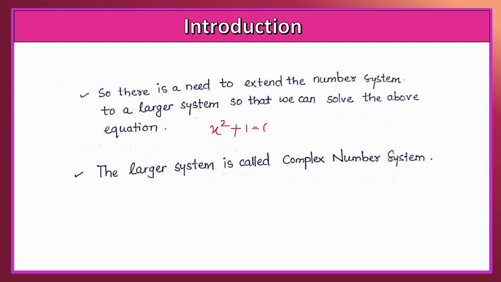There are many equations like this which cannot be solved by real values of x. So the larger system we will consider is the complex number system. We will consider a new number system which is called the complex number system.